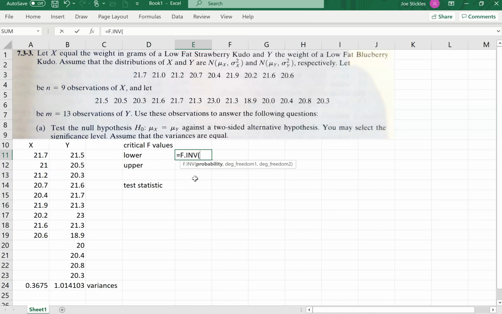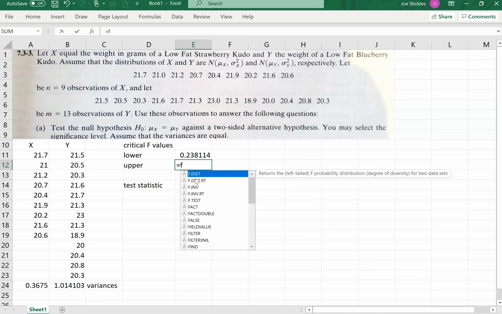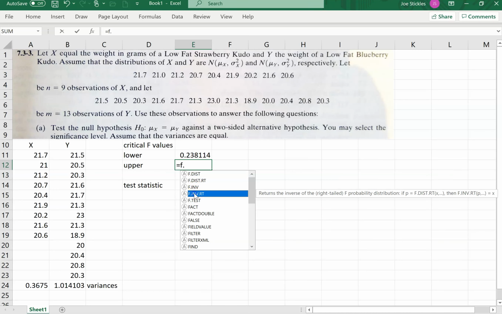So let's assume that the alpha is 0.05 here, for lack of a better assumption. I'm doing a two-tailed test, so I have to split the alpha in half. So I'll have 0.025 here. We just said the numerator degrees of freedom is going to be 8, and the denominator degrees of freedom is going to be 12. So we get 0.238 for that one. For the upper, we'll do the f.inverse right tail.